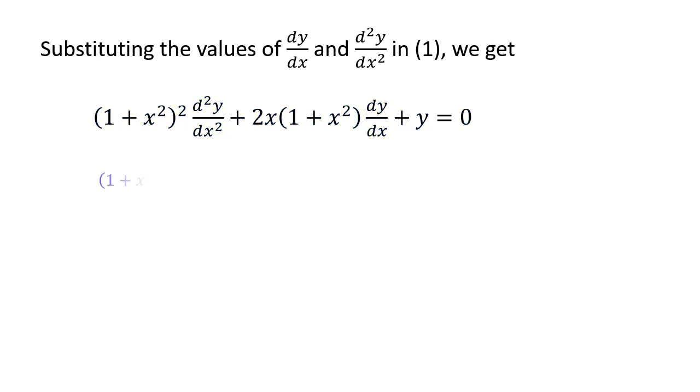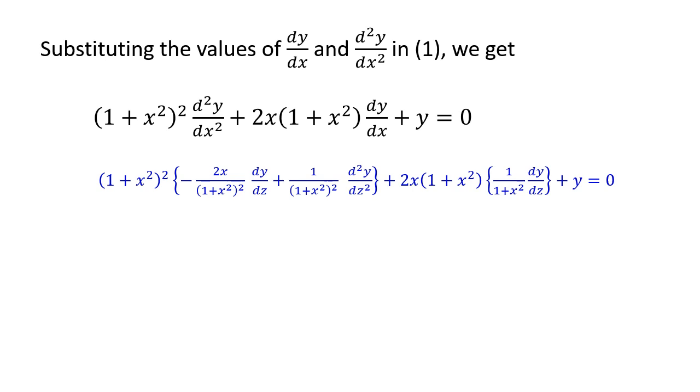And that is 1 plus x square whole square, and the value of d square y by dx square is nothing but minus 2x by 1 plus x square whole square into dy by dz, plus 1 over 1 plus x square whole square into d square y by dz square, plus 2x into 1 plus x square into the value of dy by dx, which is 1 over 1 plus x square into dy by dz, plus y is equal to 0. Now we shall multiply by 1 plus x square whole square.